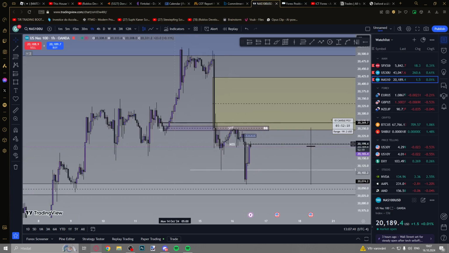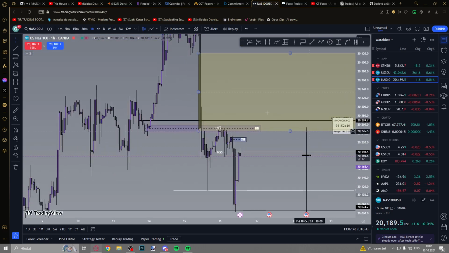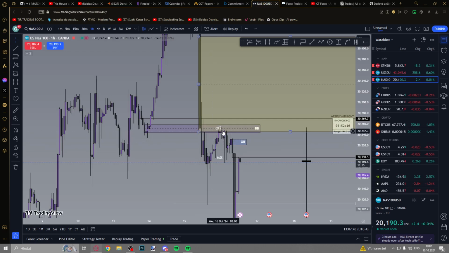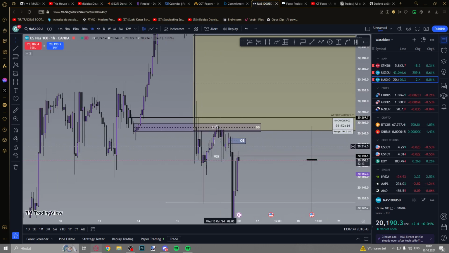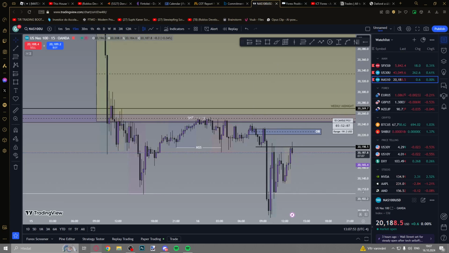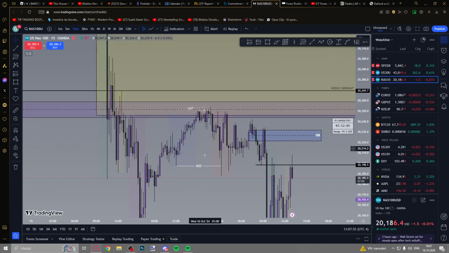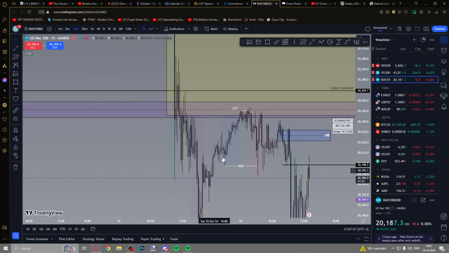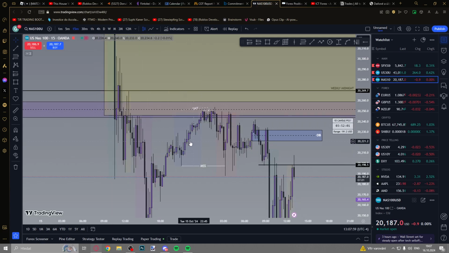So we have this breaker block, 1 hour, and we went right into that. Went lower. This is a market structure shift. I marked that as a market structure shift on the lower time frame, on the 15-minute, because we did sweep on the London session. But before the London kill zone, we swept Asia highs and went down.